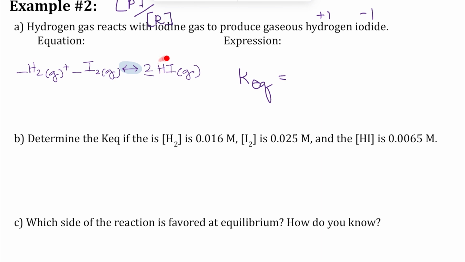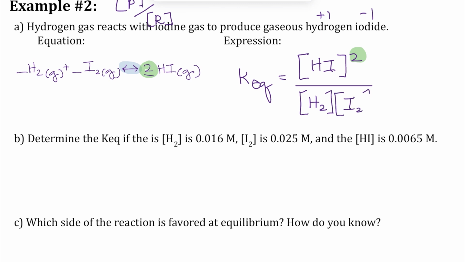We've got our product, HI, so concentration of HI, and the coefficient of 2 is going to become an exponent. That's our only product, all over concentration of reactants, concentration of hydrogen, concentration of iodine. Each chemical is going to have its own concentration, so those go in separate brackets, and those are multiplied together in the denominator.